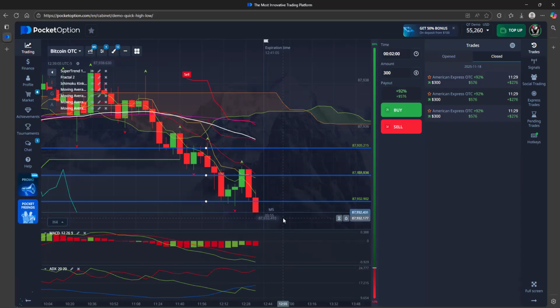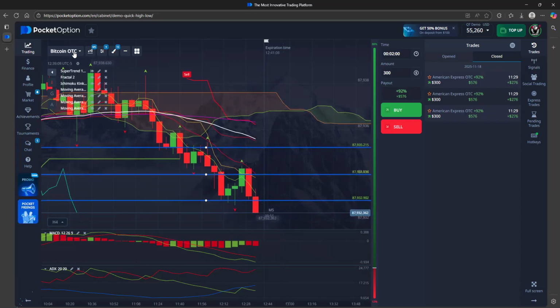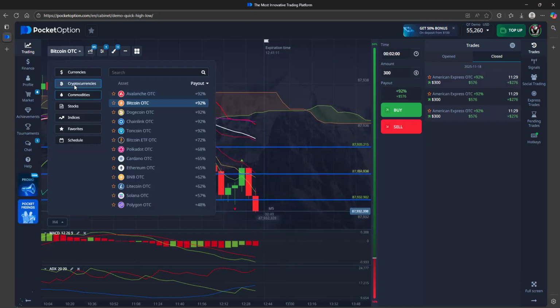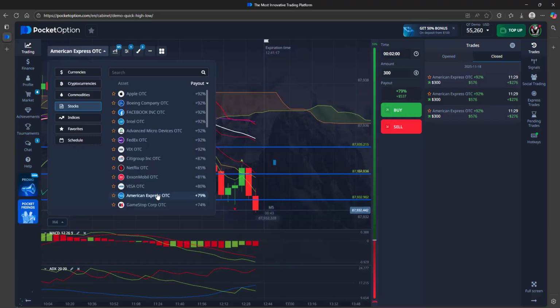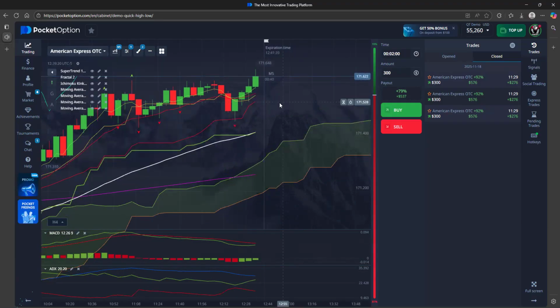And if I could catch a healthy trend, one of the reasons you guys take a look at, where is it? Right now, it's below 92%. But you guys take a look at American Express. American Express is by far my favorite thing to trade on Pocket Option. By far.